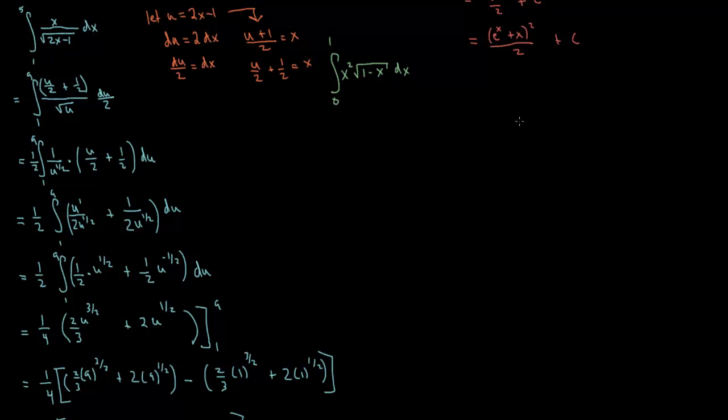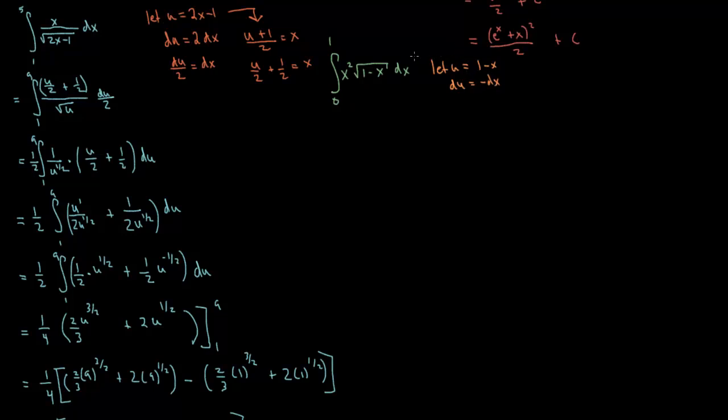Let's see what happens when we try to let u equal the inside function. If we try to let u equal 1 minus x, well then du equals negative dx.